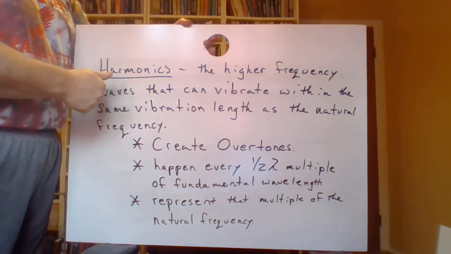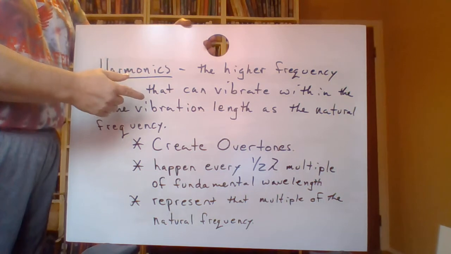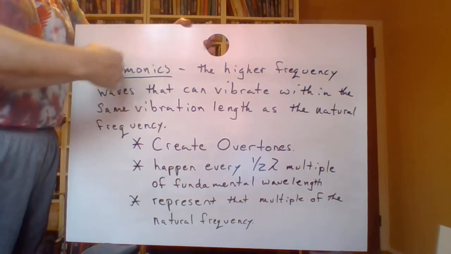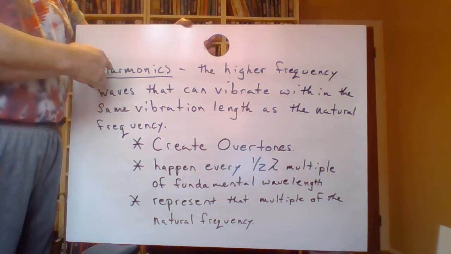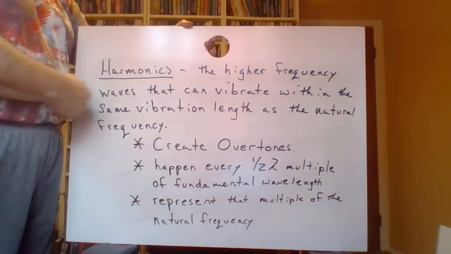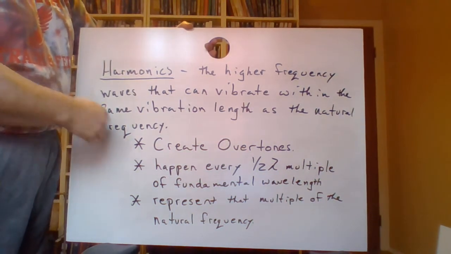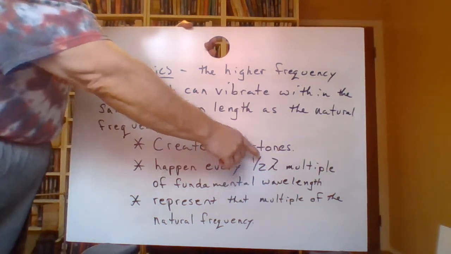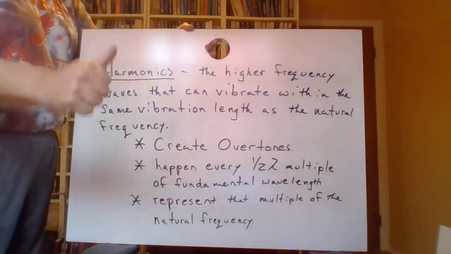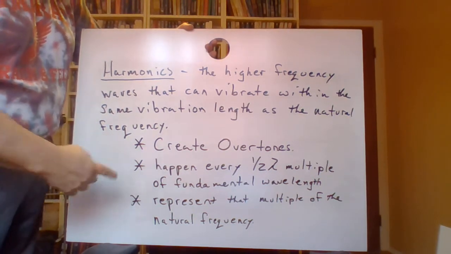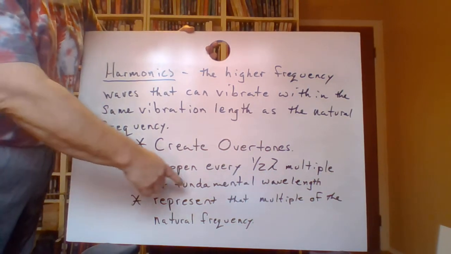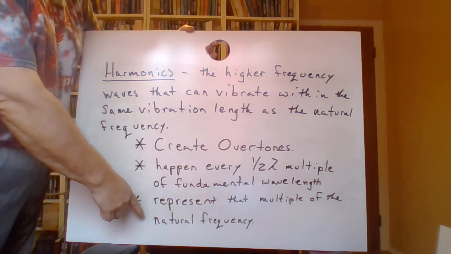Third harmonic is the second overtone. Notice you have to subtract one from the harmonic to get which overtone it actually is. Okay? These happen at every half wavelength multiple for a string.